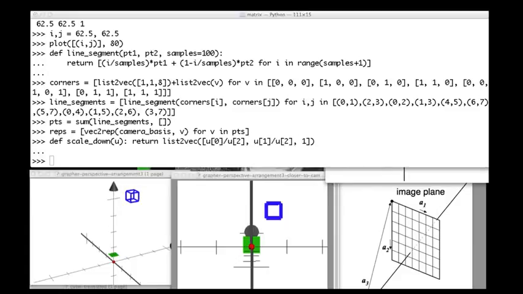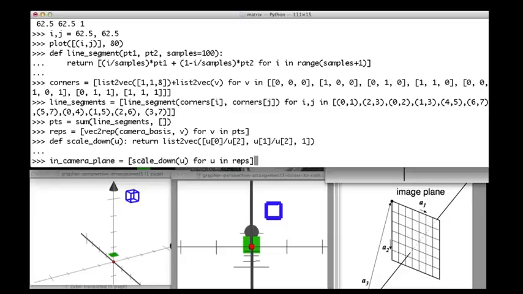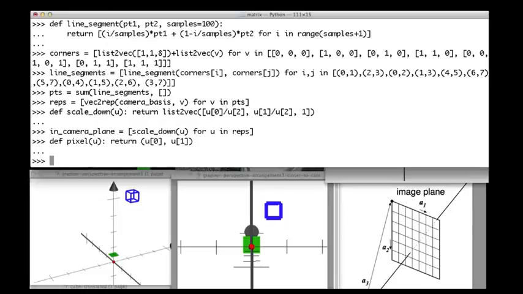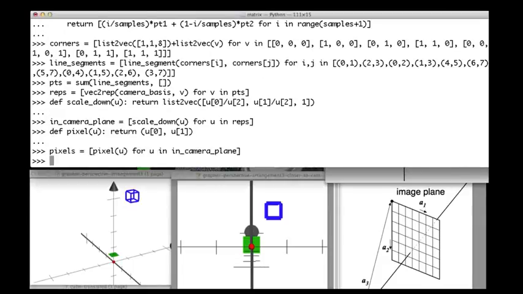And here we'll derive those points. Now, from these, we want to find the pixel coordinates. I'll define a procedure to do that. It just takes the first and second entry. And now we derive all those pixel coordinates, and we can plot the points.